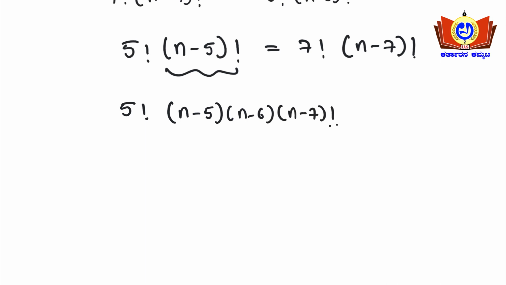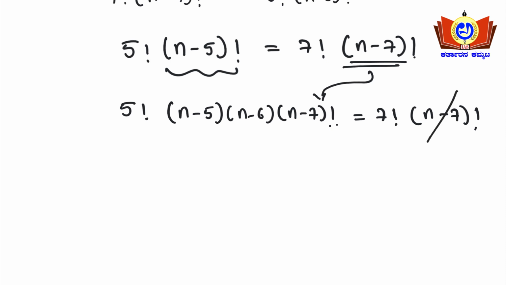It goes on like this, but here we have n minus 7, so to cancel this I have stopped at n minus 7 factorial. That will be equals to 7 factorial into n minus 7 factorial, and this n minus 7 factorial gets cancelled on both sides. So 5 factorial into n minus 5 into n minus 6 will be equals to 7 factorial.